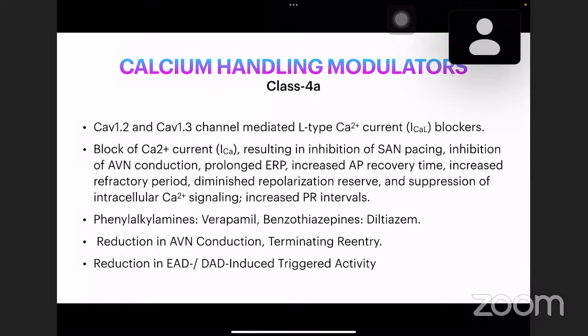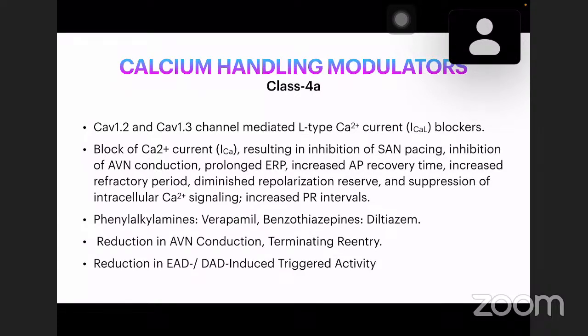So coming to class 4A, the second subclass is selective calcium channel blockers. They act on these two channels, CaV 1.2 and 1.3, mediated by L-type calcium current. So they block the calcium current.